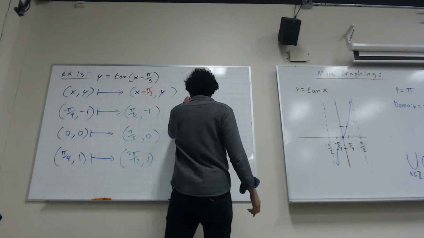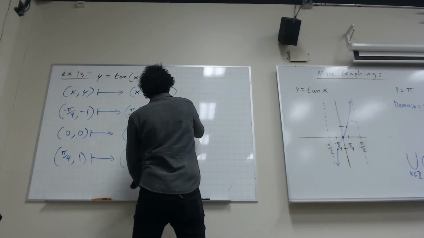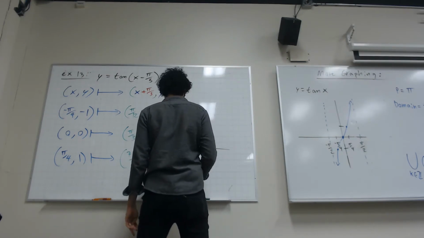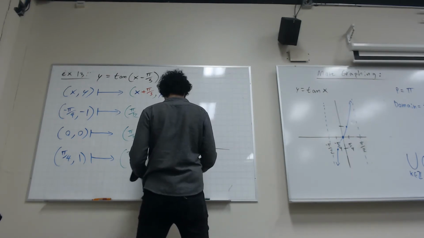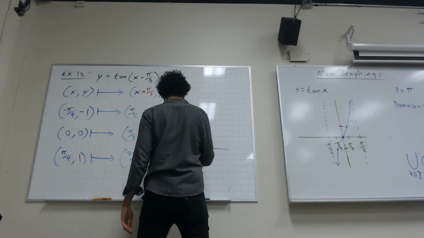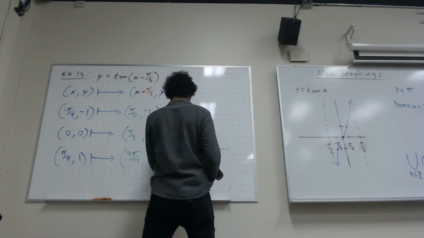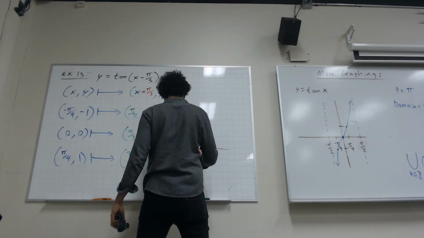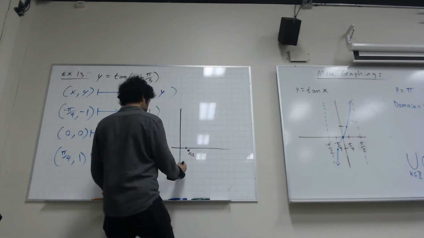So, pi over 12, negative 1. Let's say there's a pi over 12, and then we'll call this negative 1.